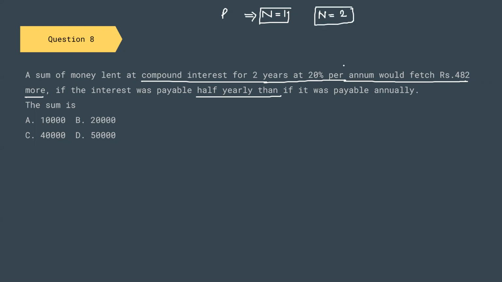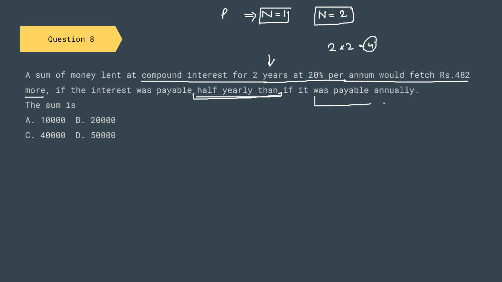Or another way, we can think that for 2 years, the amount was compounded half yearly. Then the total number of installments will be 2 into 2, that is 4 installments, like 4 times your amount was compounded.